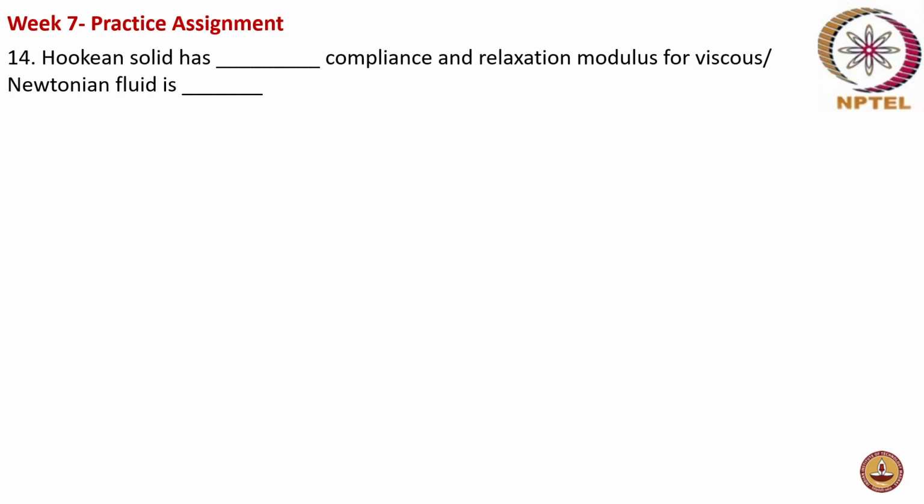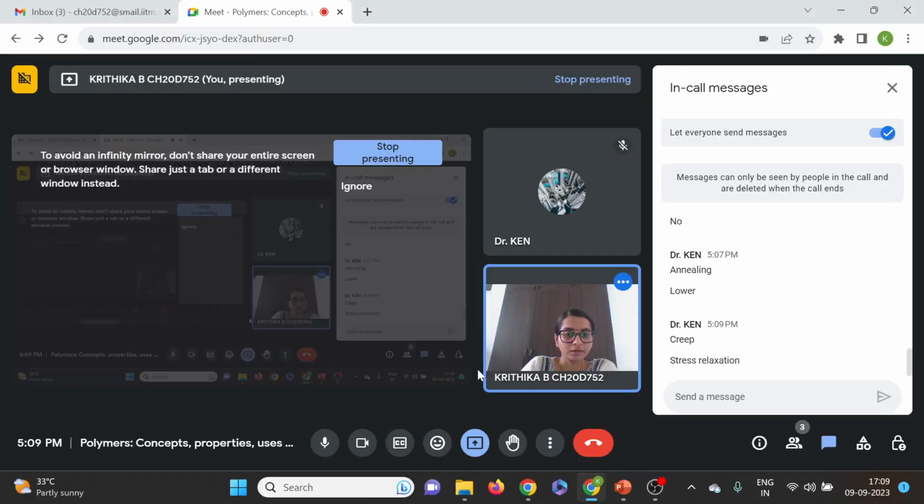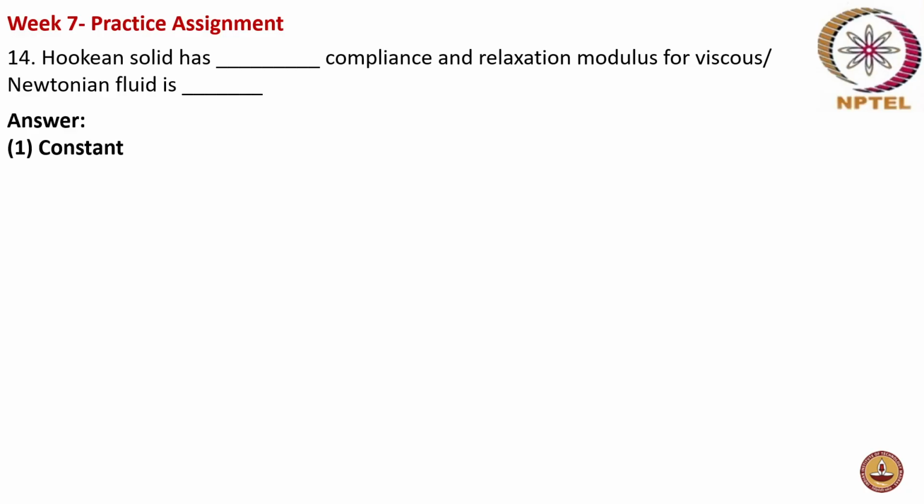For Hookean solid, it is a constant compliance. Because once a particular stress is applied, there is a particular strain that is reached, and the value of compliance is constant. It is an instantaneous value.